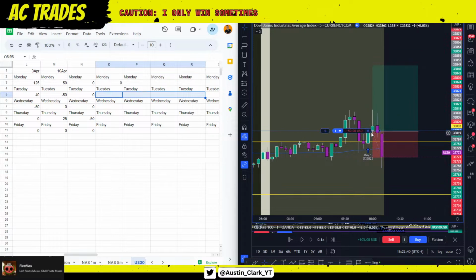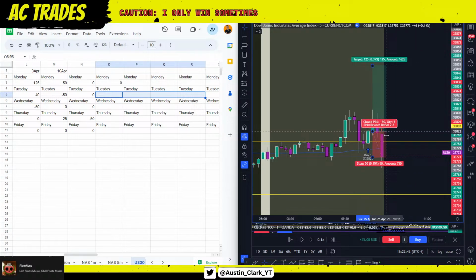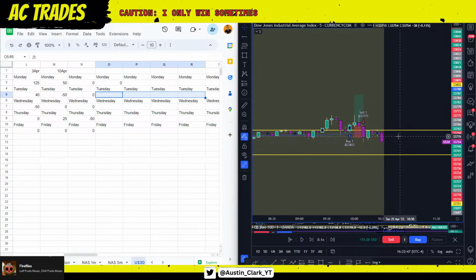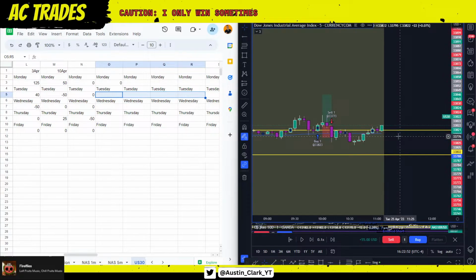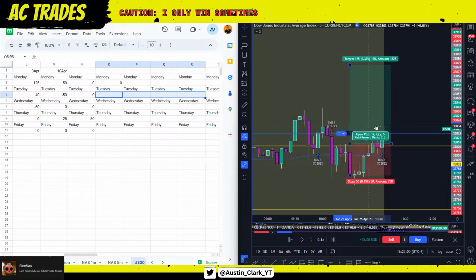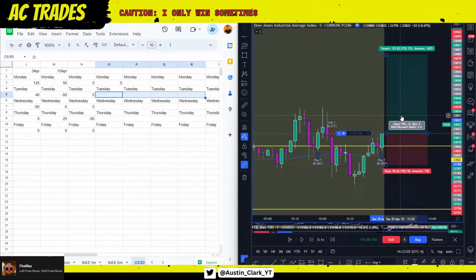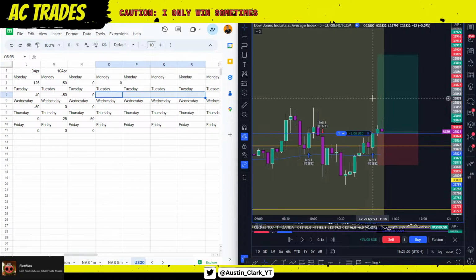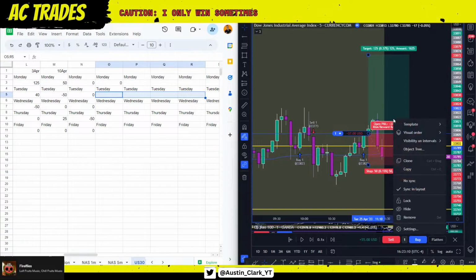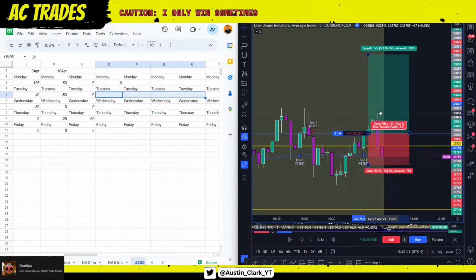Okay, so see, this one would have hit. That's perfectly fine. Okay, so it's a pretty solid candle. I think this would have actually been a break even. No, I don't think so. Yeah.